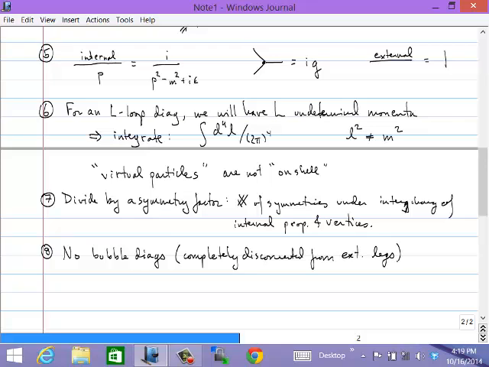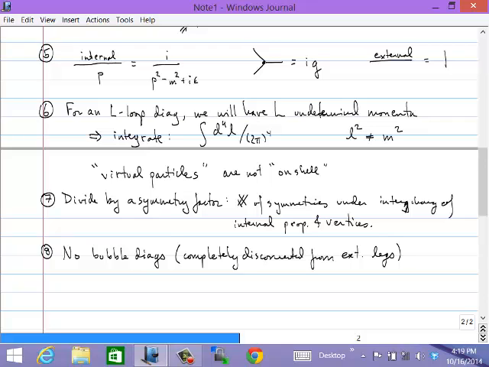And there were no bubble diagrams just because any bubble diagram contributed to the norm of the vacuum state. And at the end of the day, you're only interested in computing probabilities where you divide out by the norm of the vacuum state. You keep the vacuum state normalized. And we saw last class, last Thursday, that that magically cancels out all of the bubble diagrams.